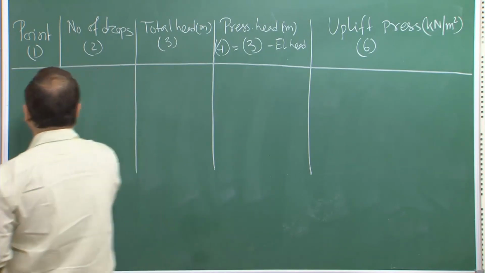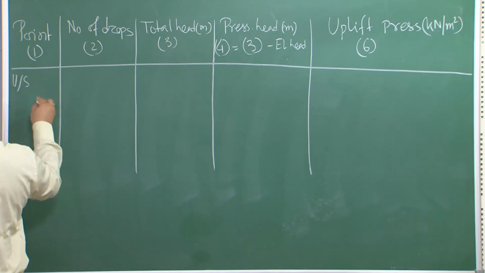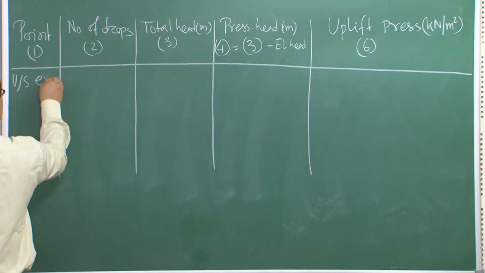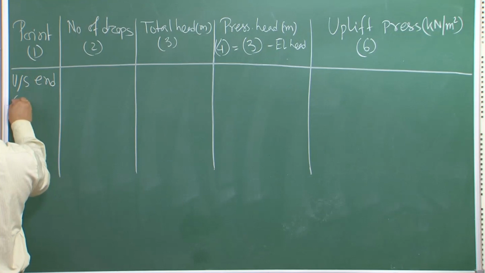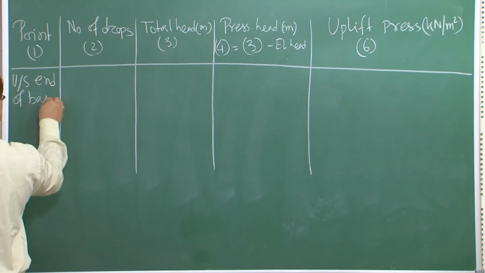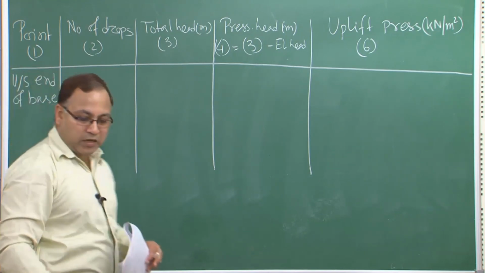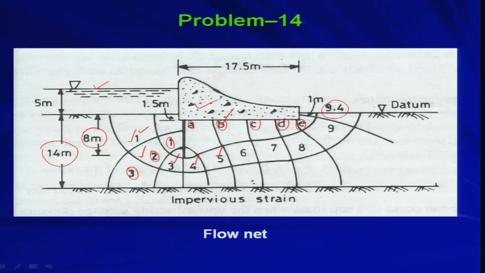So, first we will find out the upstream end of base. That means, if you come to the figure, the point is lying here, right. So, this is the point where we are going to find out the uplift pressure. Okay.